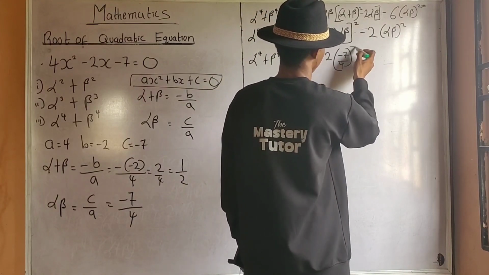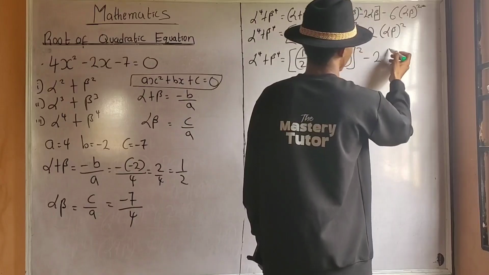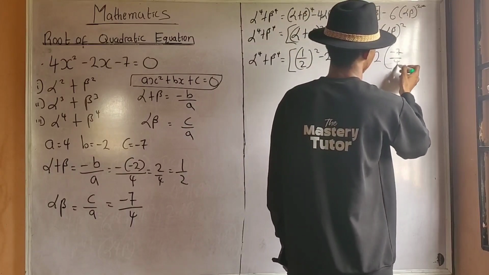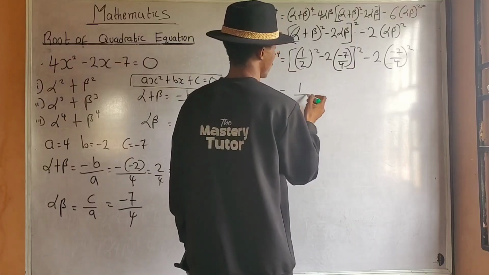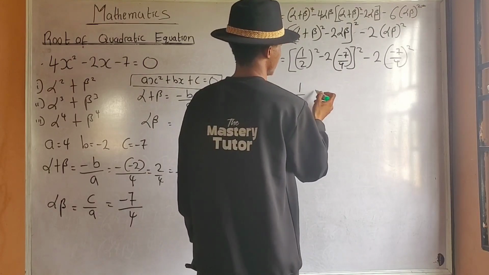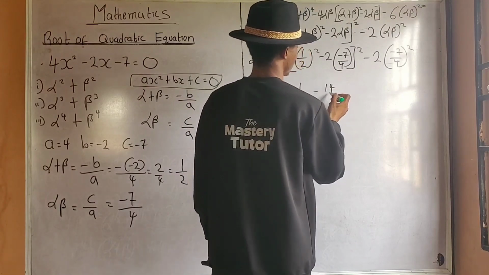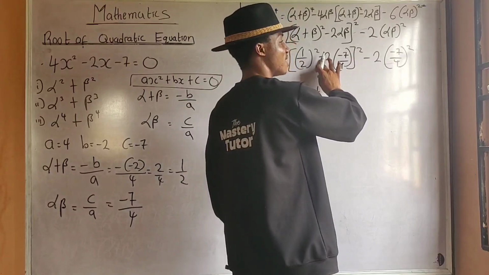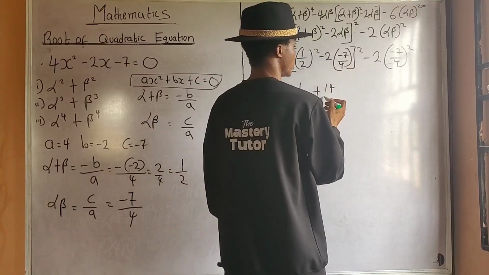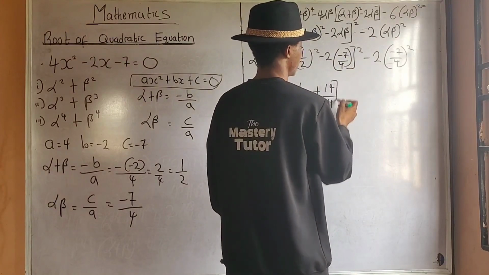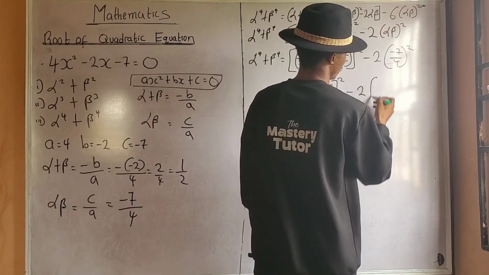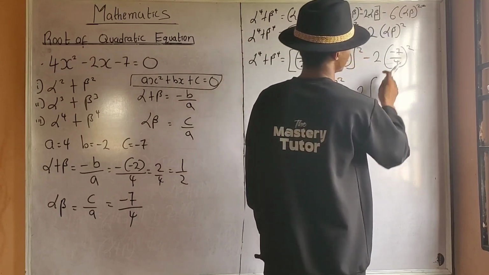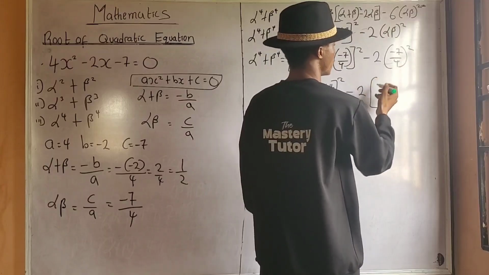Then all this squared, minus 2 (negative 7 all over 4) squared. Okay, here I'm going to have 1 over 4, right, minus 14, okay, plus 14, because this negative sign will affect the negative sign here, so it changed to positive. So I'm going to have, then put all the squared, minus 2.